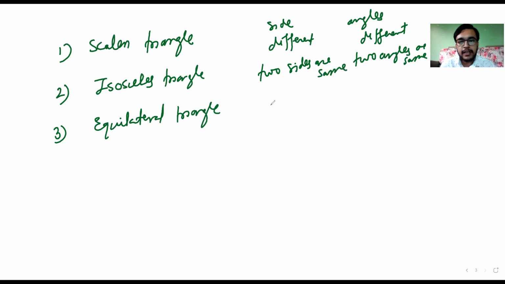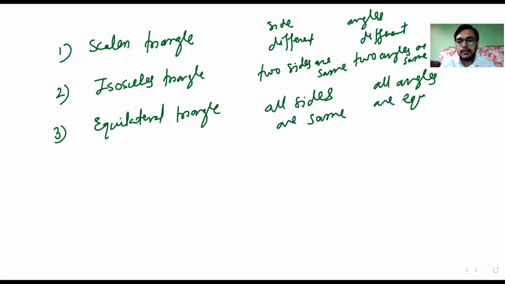In equilateral triangle, all sides are equal, and all angles are equal, right? Now I will draw a diagram and you have to guess which type of triangle that is. Okay.